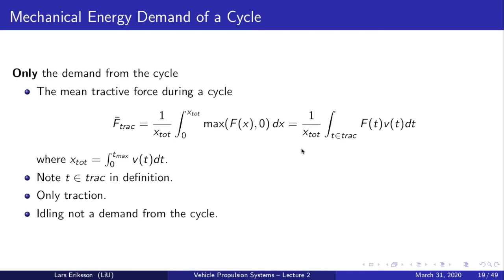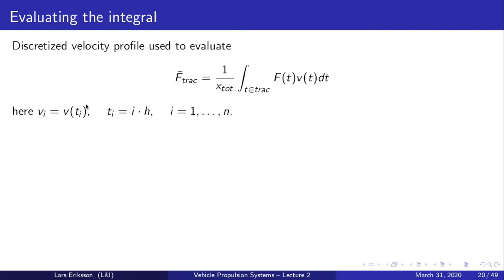So how can we work with the cycle? Well, at a certain time t we have a certain velocity, and over the index, if we assume that each time step is separated by time step length h, we can couple the index to certain points in time over the profile. And when we work with this, we're interested in the average velocity because the velocity controls the air drag and it controls the rolling resistance.